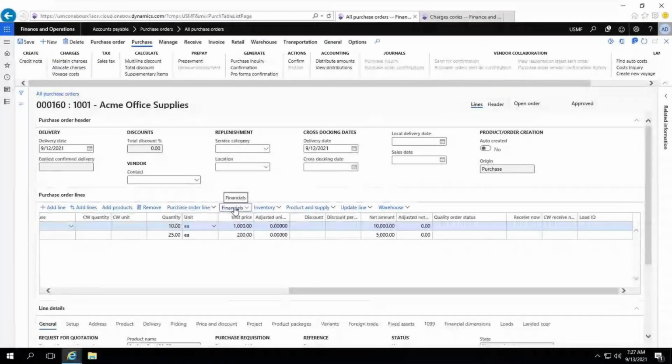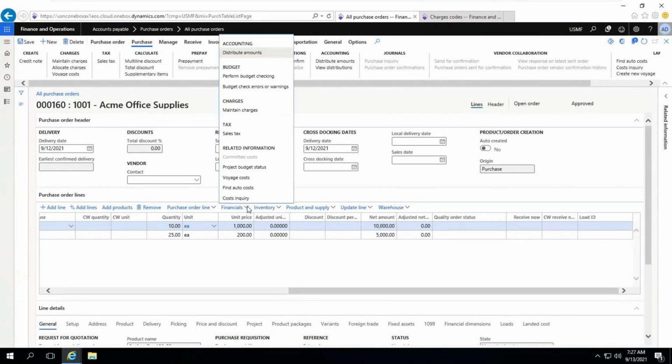If you verify these charges, it will not be there because we have allocated. Now it will be available here at the financials line level. If you verify maintain charges, it will show $75 for the first line and $75 for the second line, because you have mapped based on the lines.